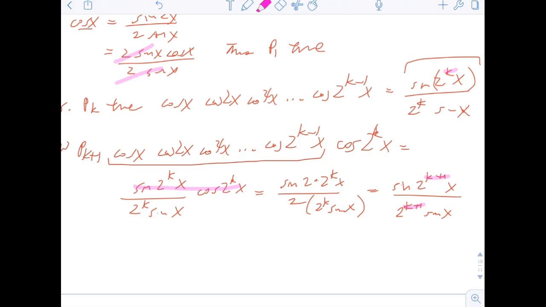our proposition is true because we've shown that for the k+1th version, we can start with the left side and end up with the right side, the analog of the P of k.